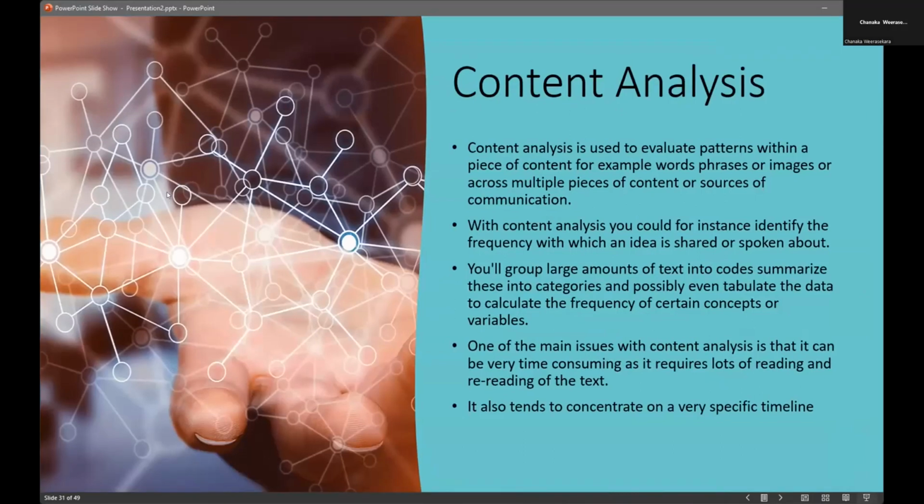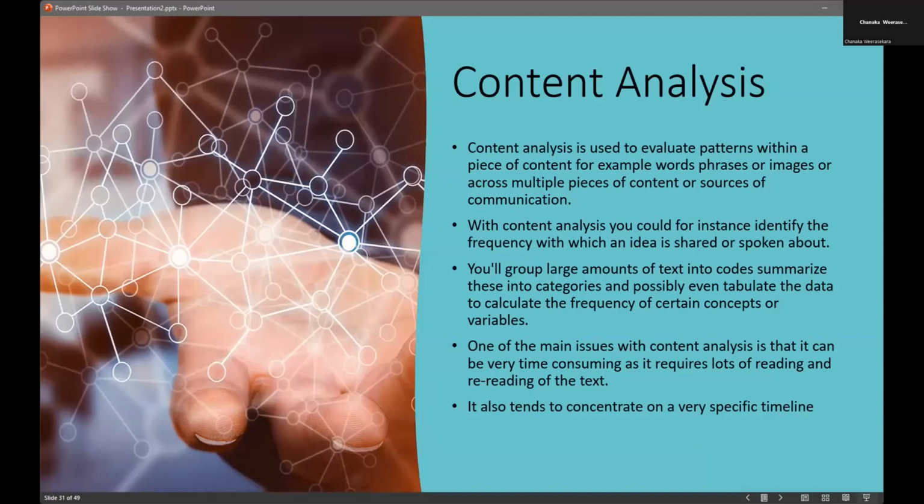The word itself suggests the meaning. Content analysis is basically used to evaluate the patterns within a piece of content. It could be newspapers, interview transcripts, magazines, tweets, Facebook messages, web posts, whatever it is.